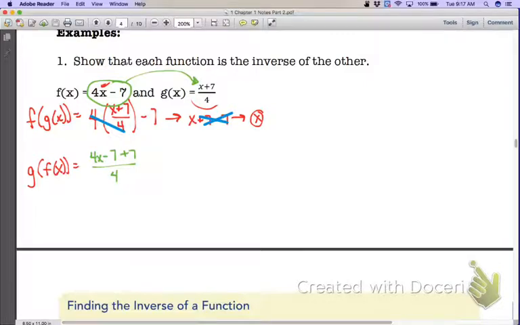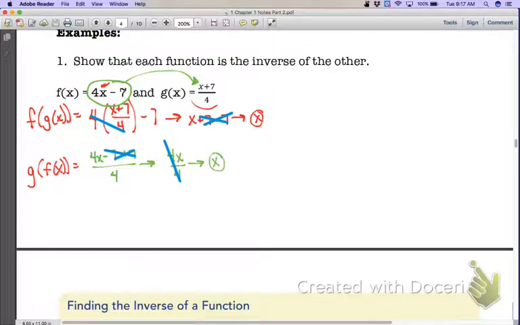Now, whenever I have problems like this, this is where students get in way too big of a hurry. Remember, you just combine like terms. What's going to happen to the negative 7 and the positive 7? It's going to cancel or be 0. So those two go away. And then I'm down to 4x over 4. What's going to happen to the 4's? They go away, and I'm left with x.